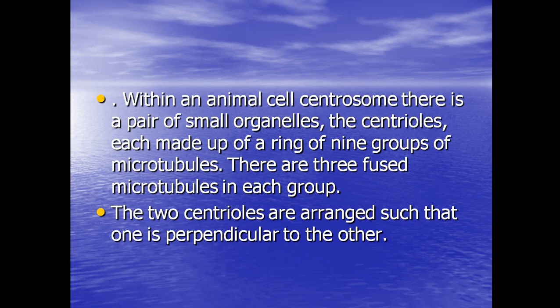If you come to the animal cell, because in the plant cell the question of centrosome doesn't arise at all, the centrosome has a pair of small organelles, the centrioles.